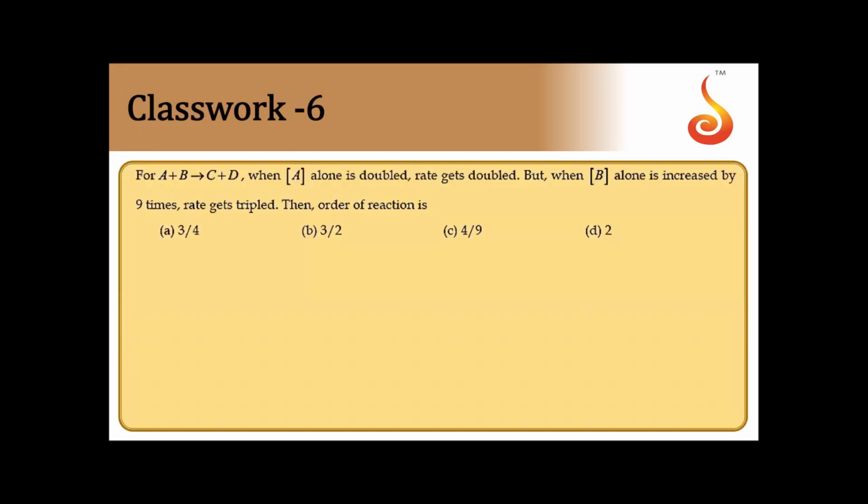Now let us substitute the values here. Rate is equal to rate constant K into A to the power of X, and then B to the power of Y. Now when A alone is doubled, rate gets doubled.